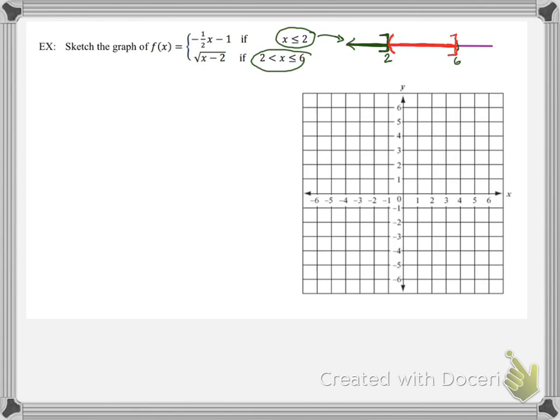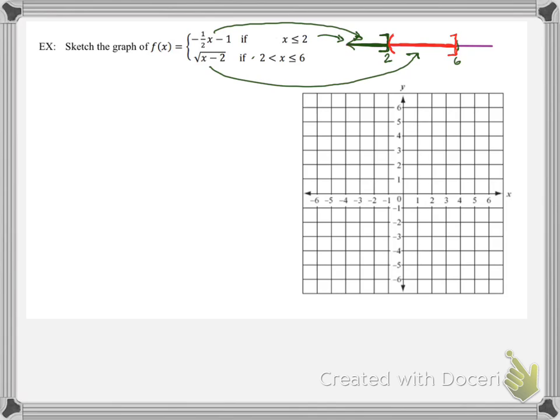So the idea is we're given these 2 regions, and we're told to use one equation for the green area and the other equation for the red area. So the first thing I want to do is put, right, this says use this equation for all the x values in here, and use this equation for all the x values in here, is what my piecewise function tells me to do, right?